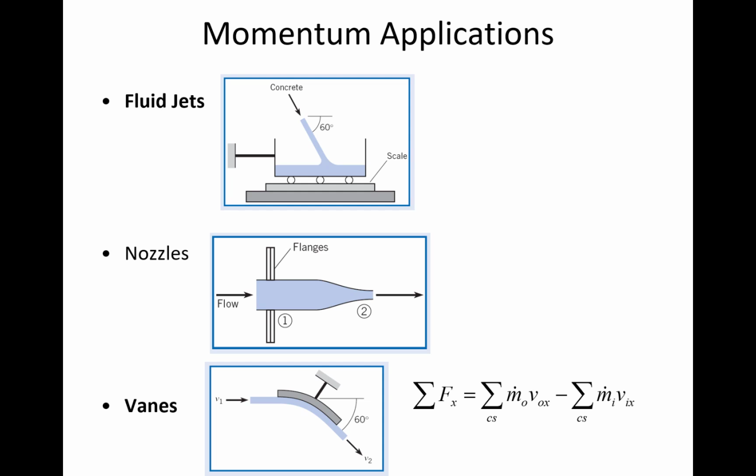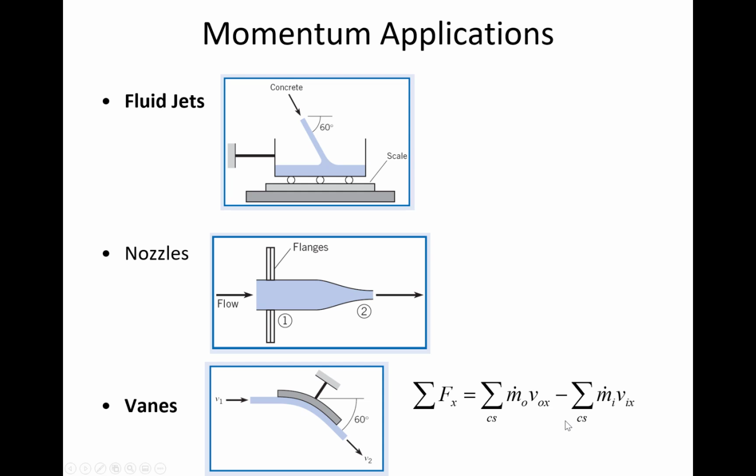In all of these, the same fundamental principle applies. And so just to refresh your memory about the momentum equation, this is the momentum equation as we're going to be using it for problem solving, and you can see that this is in the x direction. A very similar equation can be developed for momentum vertically, where you would just substitute in y in place of x.